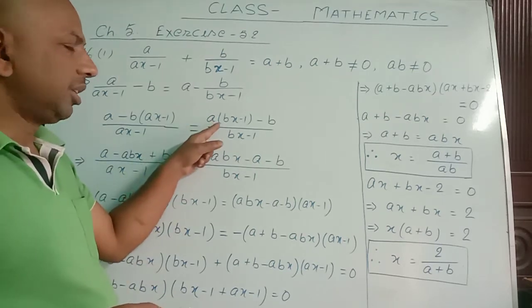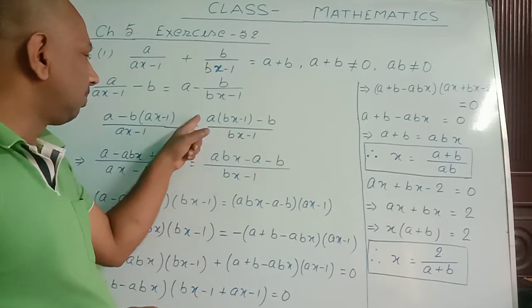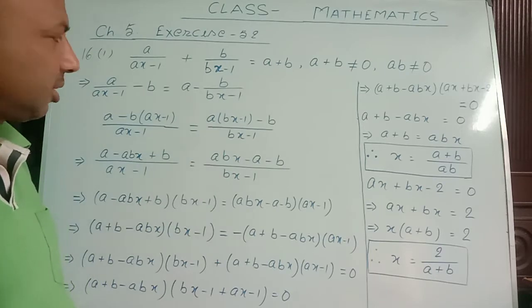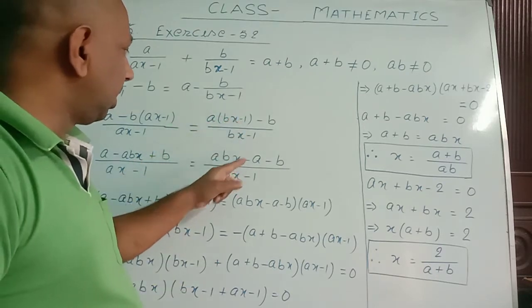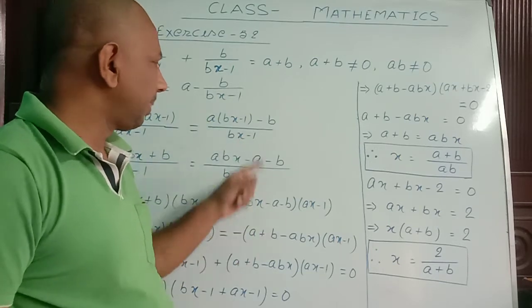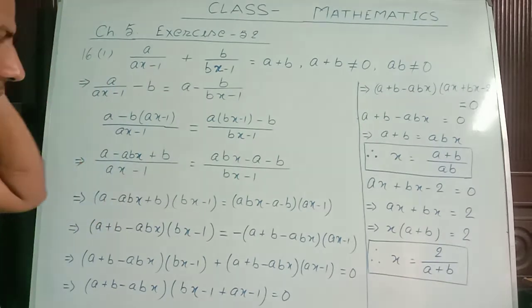Here also I have omitted the bracket. For that I multiplied these two terms by plus a. So plus plus plus a into bx, abx, plus minus minus a into 1, a, minus came here, b by bx minus 1.